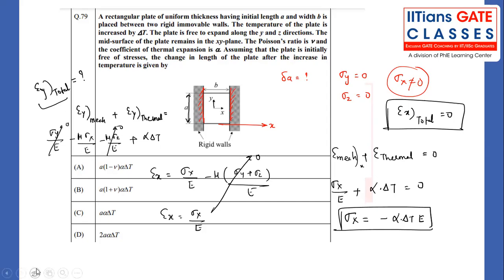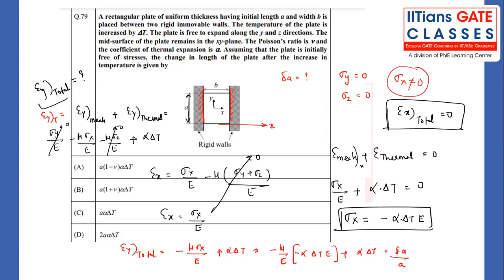So finally, the total strain is minus mu into sigma x upon E plus alpha into delta T. Sigma x is minus alpha into delta T into E, so this becomes plus mu alpha delta T plus alpha into delta T, which is equal to change in length by original length in the direction of Y. E will cancel out.